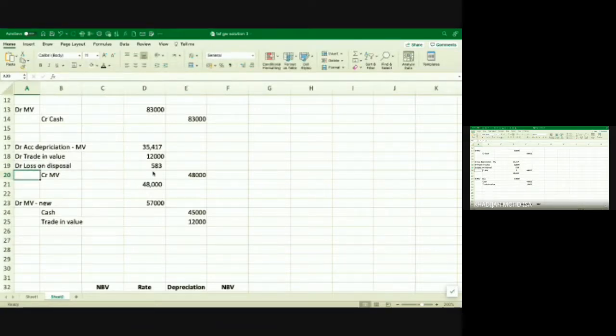Okay. What it says here is that the old motor vehicle cost me 48,000, and the accumulated depreciation is 35,417. But I can sell my motor vehicle for 12,000. Not sell, in this case, I sell my old motor vehicle, but I don't get any cash.